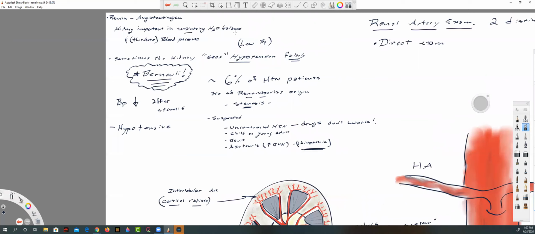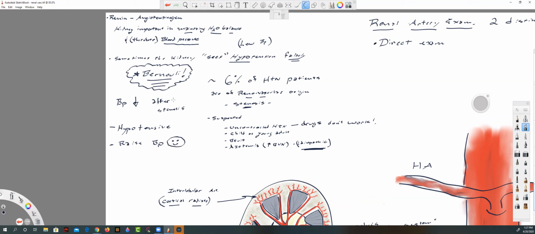I maintain H2O balance. I maintain blood pressure. At least I'm part of the chain that maintains blood pressure. So I see a hypotensive blood flow. That means the whole body is hypotensive. I'm going to raise blood pressure, and I'm going to be a little smiley face because I am the hero here.